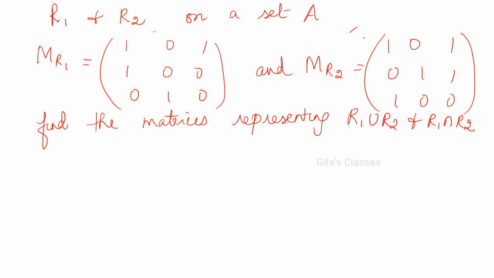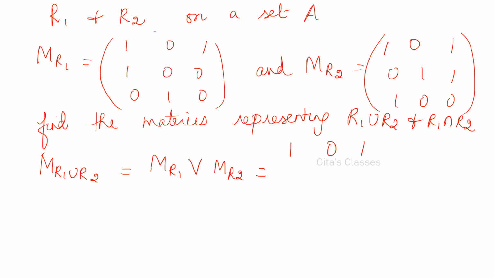Okay. Now, find the matrix representing R1 union R2. This can be written as MR1 OR MR2. Directly you can take OR between the first matrix and the second matrix. Corresponding elements you have to check. OR means even if one is 1, the result is 1. 1 is for true and 0 is for false.